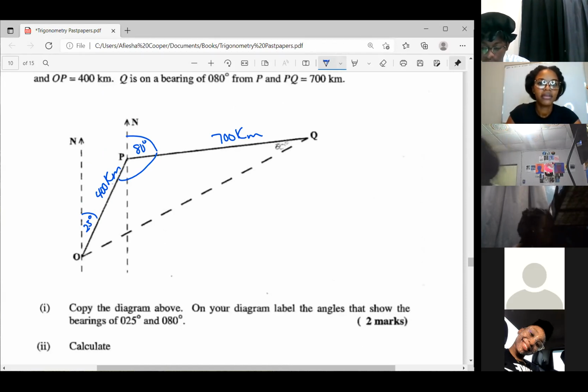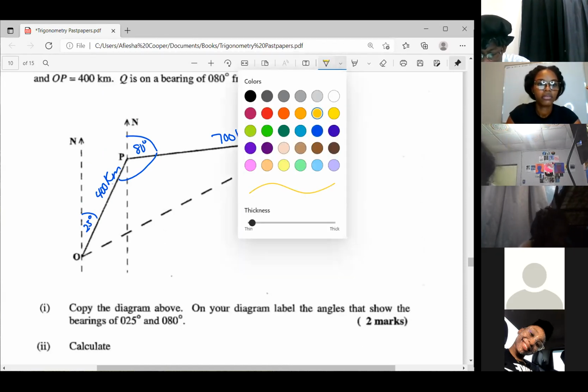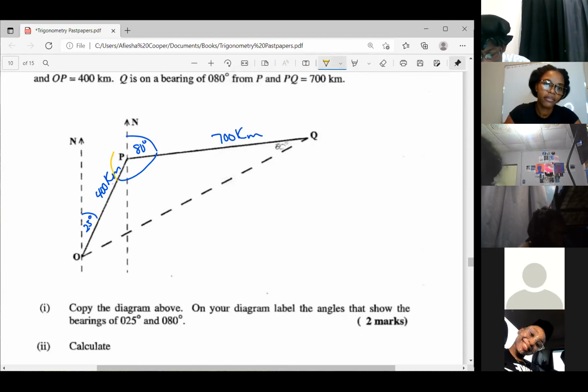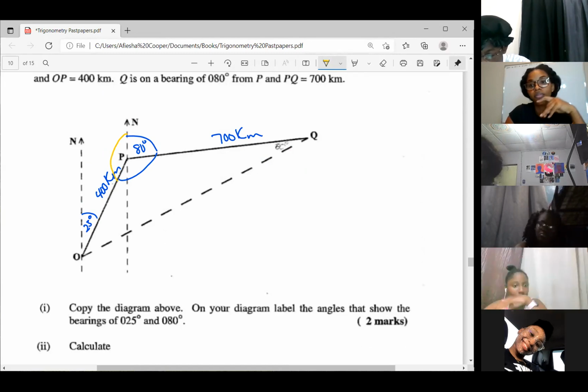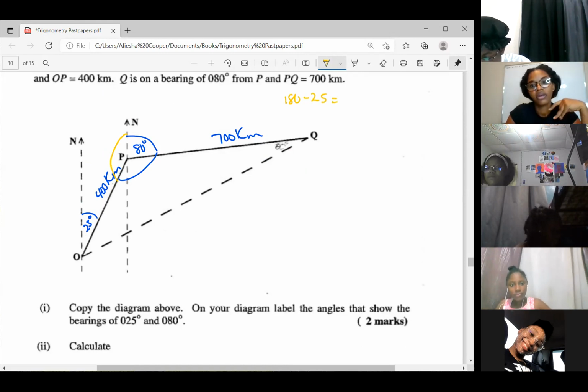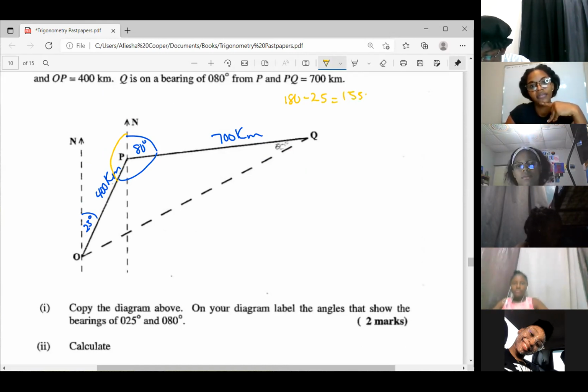What would we need to find here, which is how much? 180 minus 25. Yeah, which is 155. Let's have 180 minus 80.